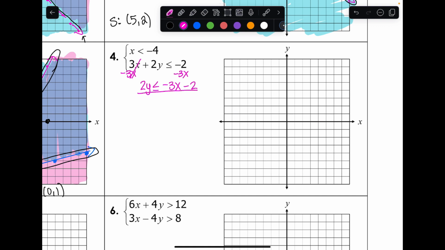Next, I'm going to divide by 2. This time, I do not have to flip my sign because I'm dividing by a positive value, so our signs don't change. Remember, every single number is being divided, so my slope turns out to be -3/2. My y-intercept is -2. We will have a solid line, and we will be shading below.